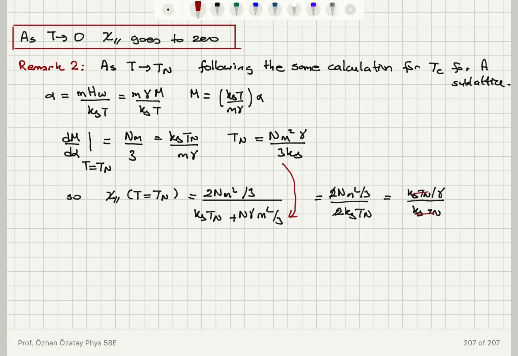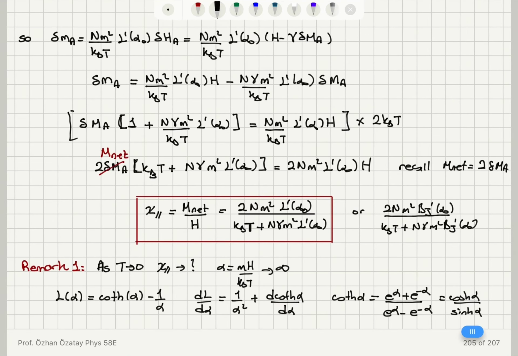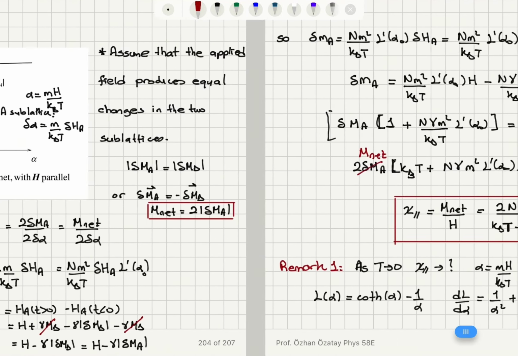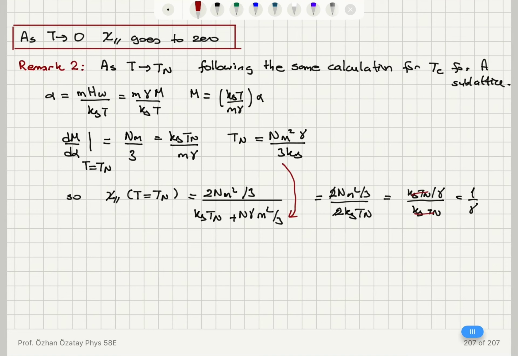And these kBTn's will cancel, and I will find as my answer 1 over gamma. And 1 over gamma, if you go back to our transverse susceptibility, was the answer for the transverse susceptibility. So we're going to use that result, and we find that as T approaches the Néel temperature, the longitudinal susceptibility approaches the transverse susceptibility.